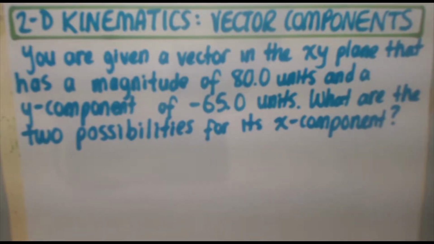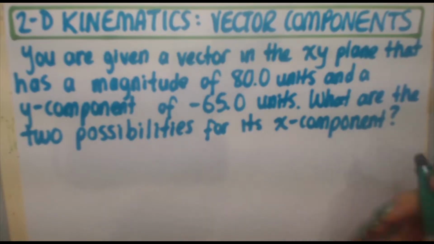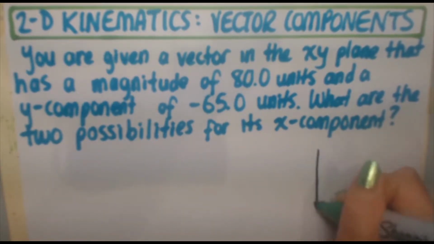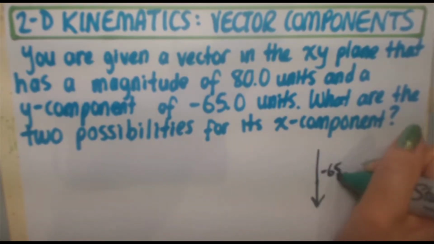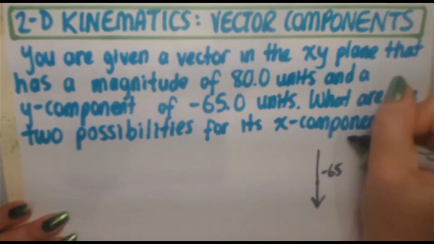Okay, so as I always say, with any question you want to draw a picture, especially in physics. So we're given a y component of minus 65 units, so I'm going to go ahead and draw that in. So we've got a minus 65 going here. This is my vector for y. Now, we know that when you have Ax and Ay and you add them together, you get A, the actual vector, right?